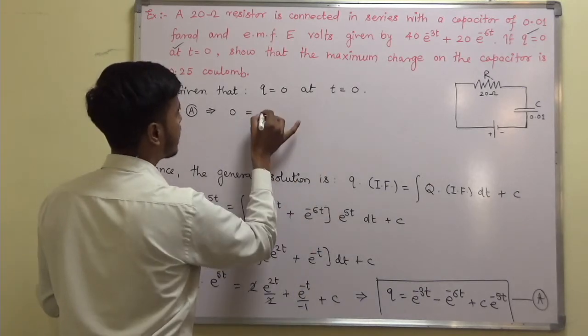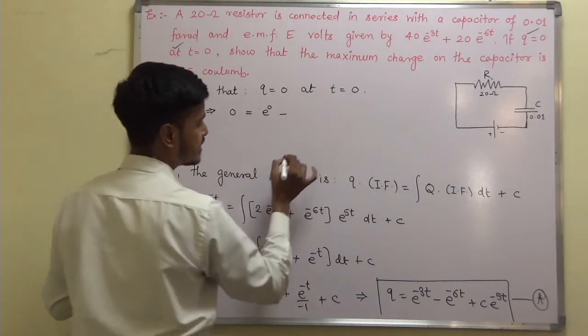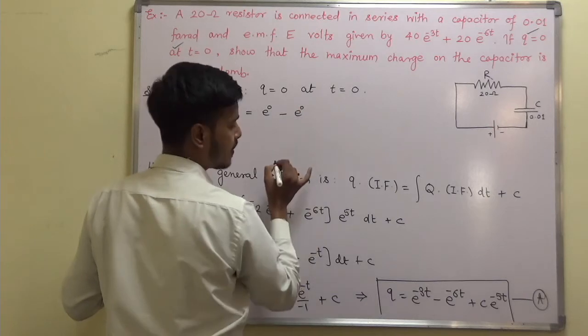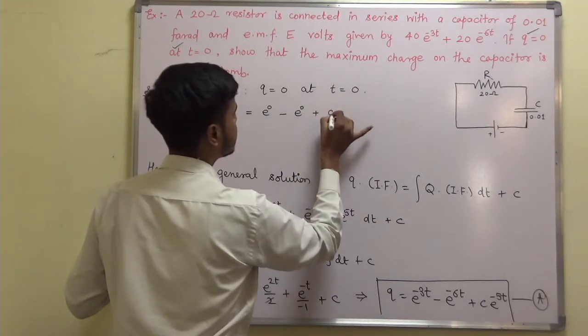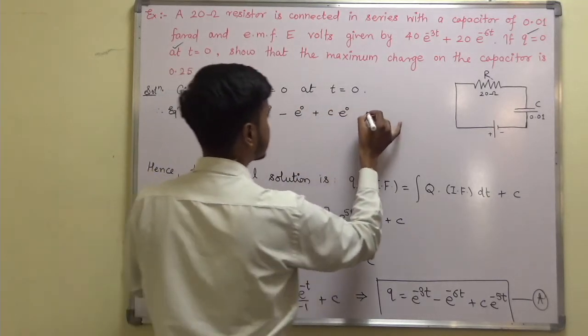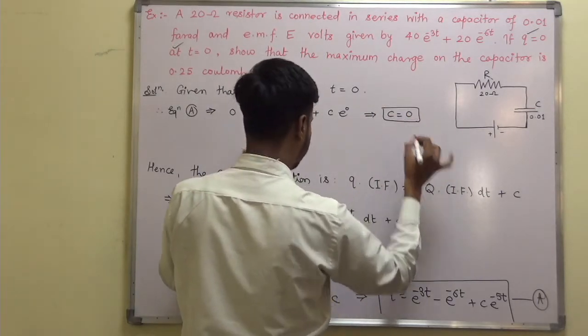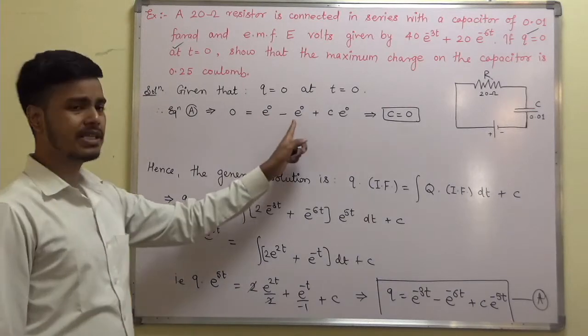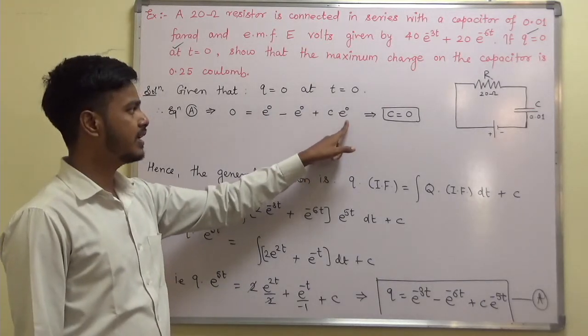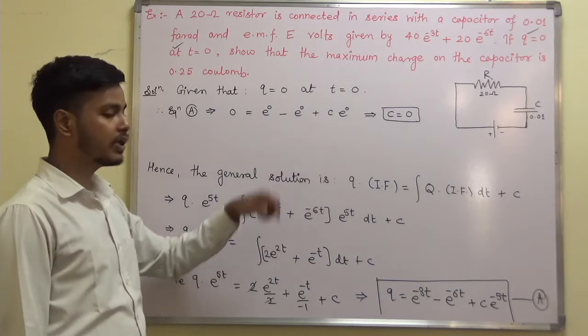This is e to the power 0 minus e to the power 0 plus c e to the power 0. So this implies c is equal to 0. 1 minus 1 is 0. e to the power 0 is 1, c equal to 0.